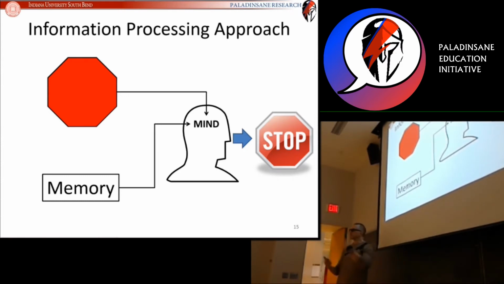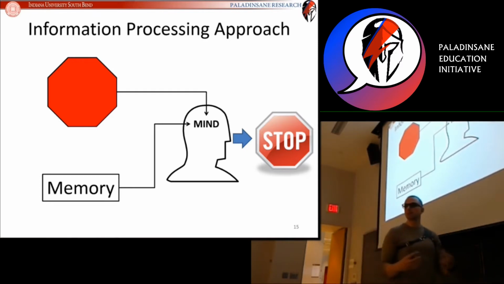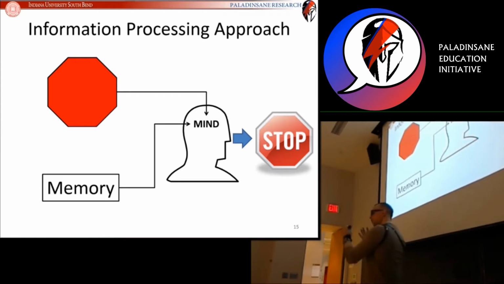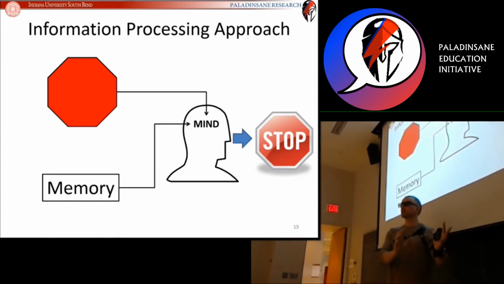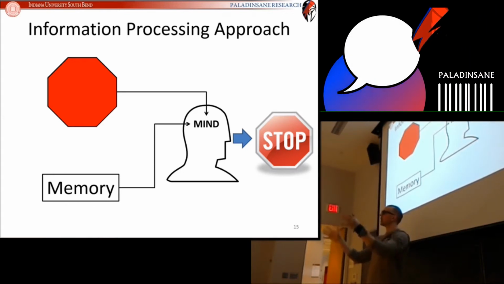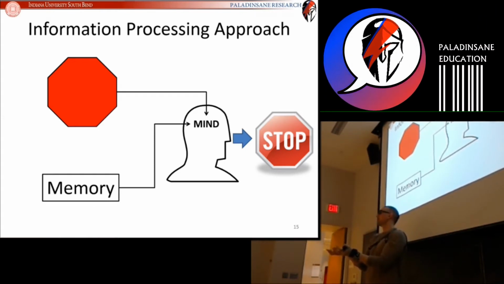So that's the essence of that information in, information out approach, that information processing approach. What we're going to do in this course is analyze what is the information that is coming in to the system, what is the information that comes out of the system, and psychologists use those 2 starting and end points to try to figure out what happened in the middle.